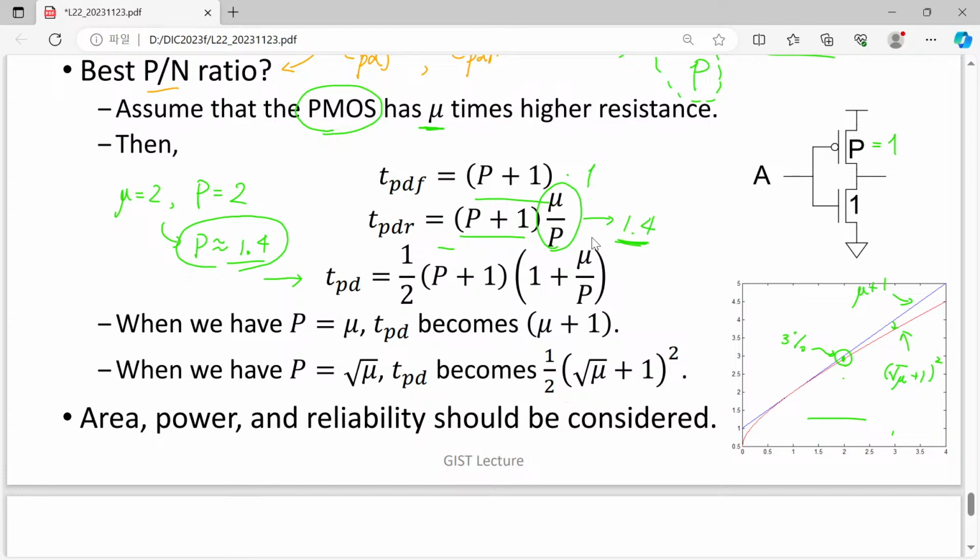So it means that if your propagation is not that well balanced, then after some sequence of logic gates, nobody knows what will happen to your signals. You cannot estimate whether everything is well balanced or not.